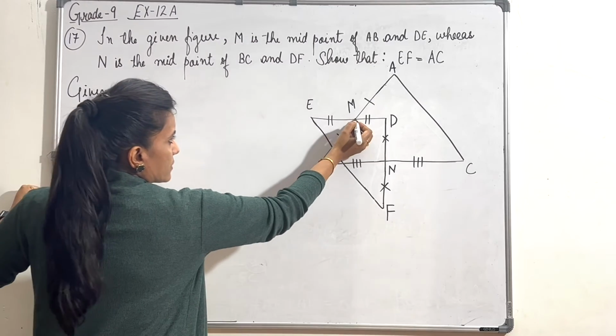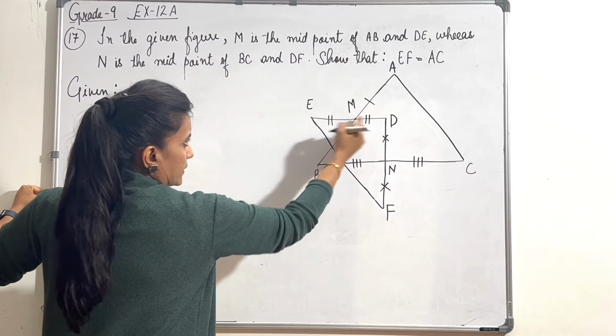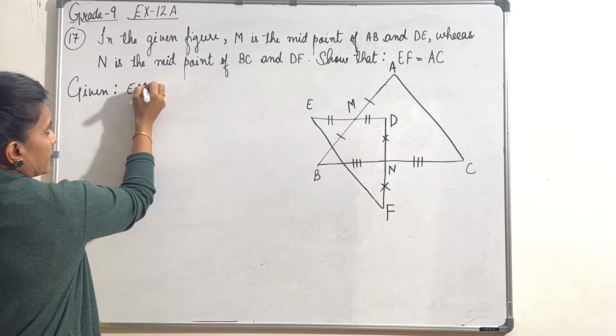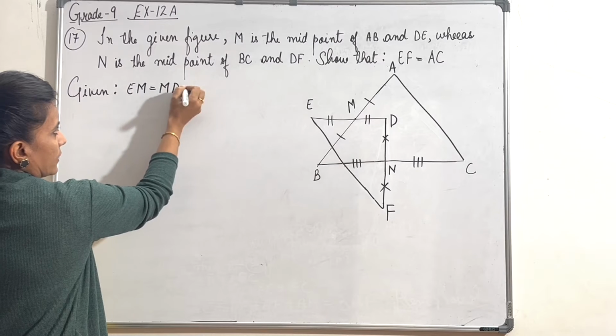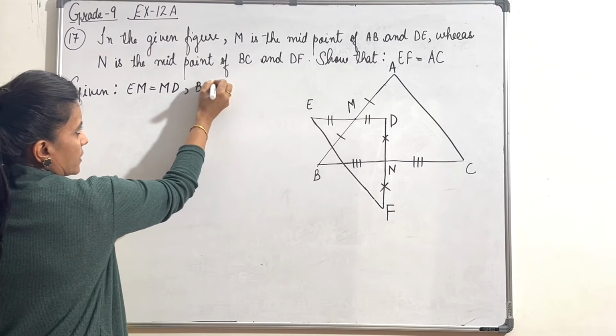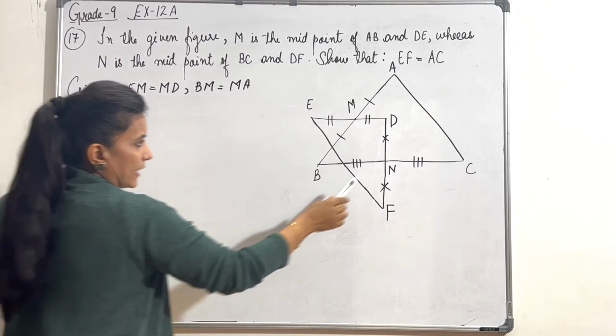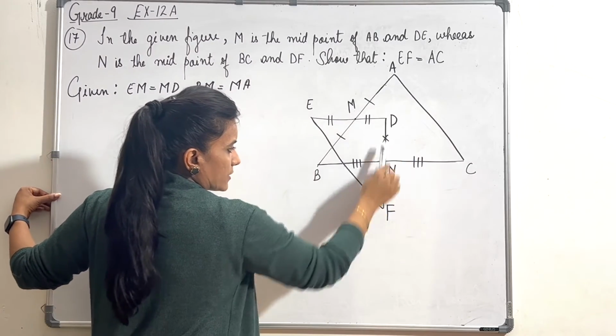So since M is the midpoint of AB and ED, we can say that EM is equal to MD and BM is equal to MA. Also, N is the midpoint of BC and DF.